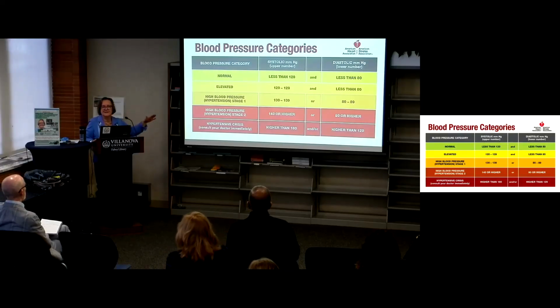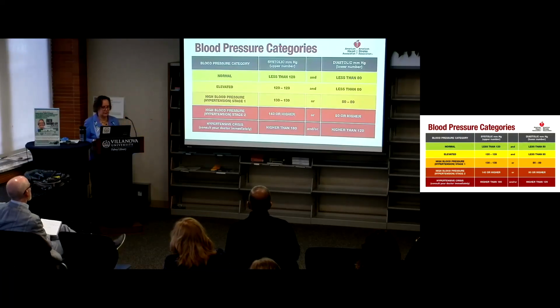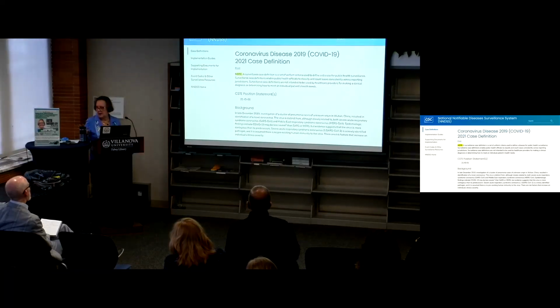So this is essentially the case definition of what high blood pressure is. That's one way we can look at high blood pressure. Something that may be more familiar to all of us, because we all lived through it, was the coronavirus.